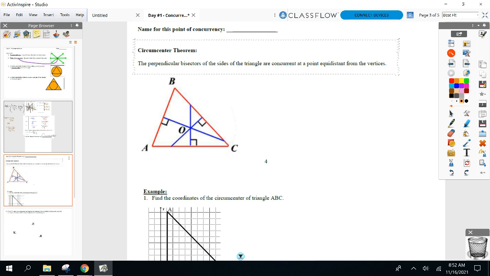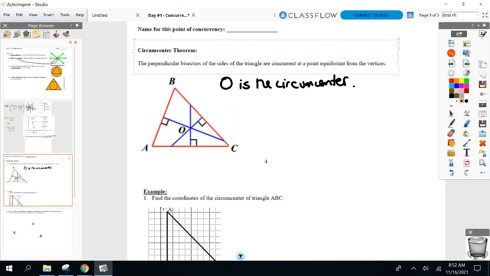Here we go on my diagram. O is the circumcenter. So what's so special about it? What are the three vertices of my triangle here? A, B, and C, right?